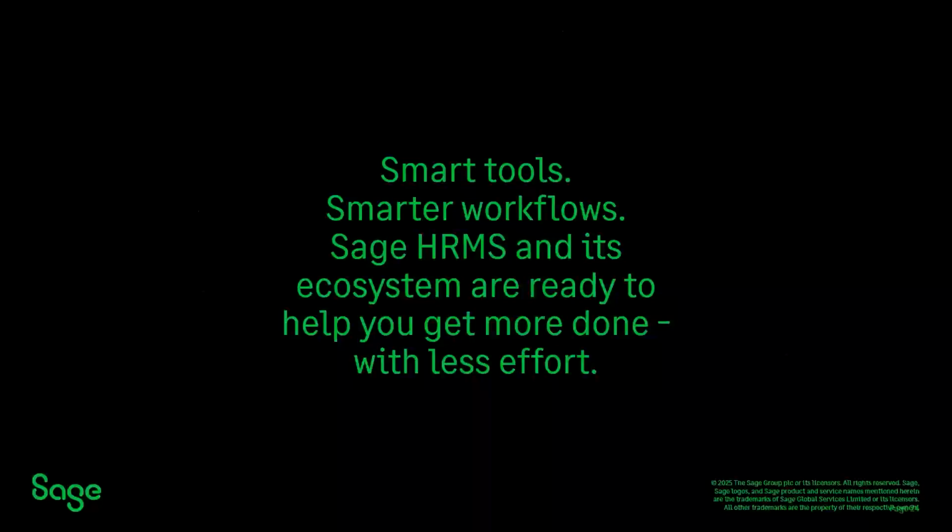We'd love to see you at an upcoming episode where we're really focused on the Sage HRMS ecosphere, from smart add-ons that make a difference, from hire to rehire. So, smart tools. I'm going to close out the poll. I think we've got everybody in there. Smart tools, smarter workflows. Sage HRMS and its ecosphere are ready to help you get more done with less effort.